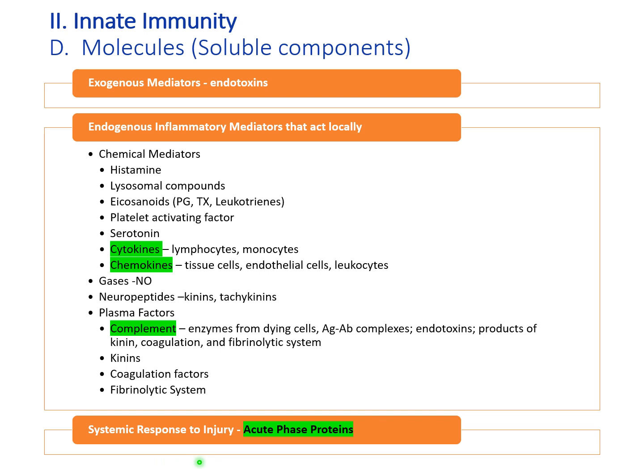You have encountered these other mediators in your previous lectures: your lysosomal compounds, eicosanoids, platelet activating factor, and serotonin. And you also have encountered the coagulation factors and fibrinolytic system in hemostasis.